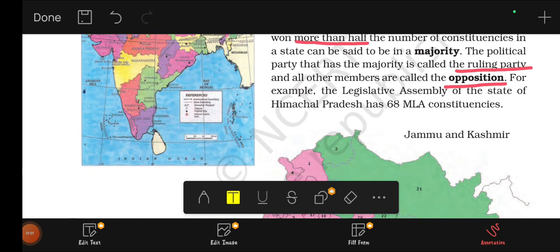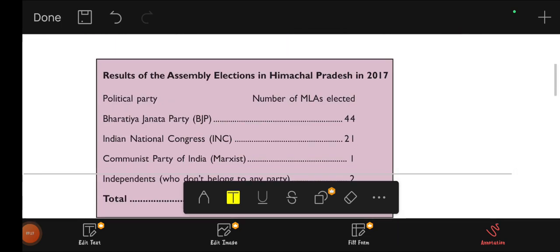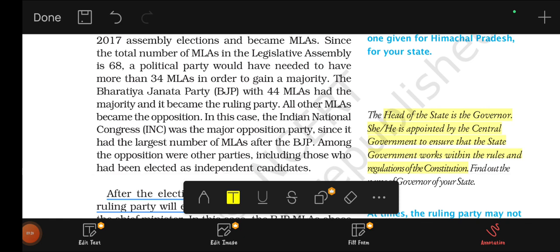For example, the Legislative Assembly of the state of Himachal Pradesh has 68 MLAs, as I mentioned, and the candidates from various parties won the 2017 election and became MLAs. Since the total number is 68, 34 MLAs are needed in order to gain the majority.